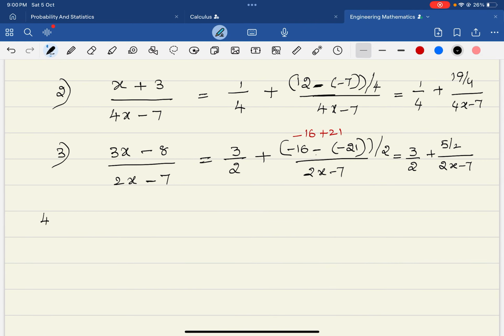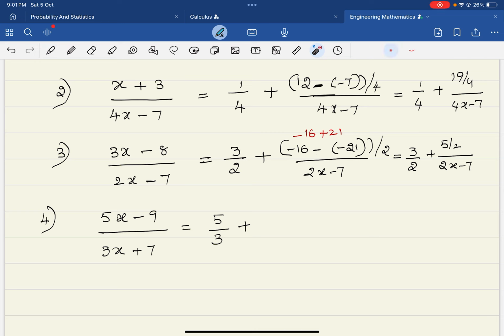Okay. For your understanding, I'll give you one more example. Let us take 5x minus 9 over, let us take 3x plus 7. So what will you write first? 5 over 3 plus, now you have to multiply these two, correct? Minus 9 into 3, which is minus 27, minus, now again 5 into 7, this one.